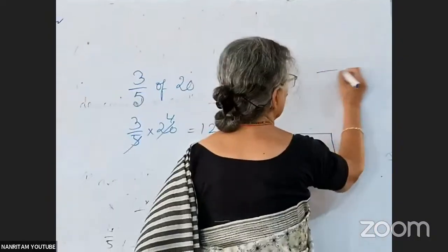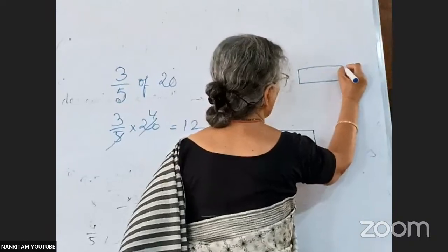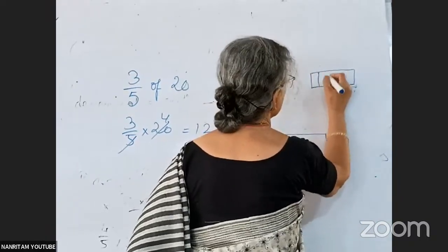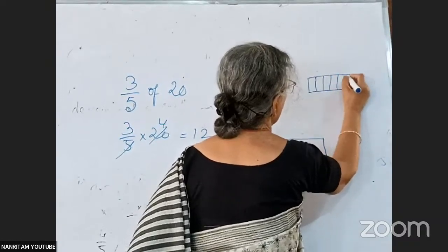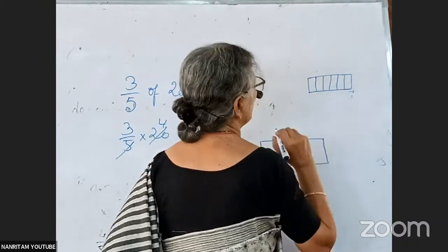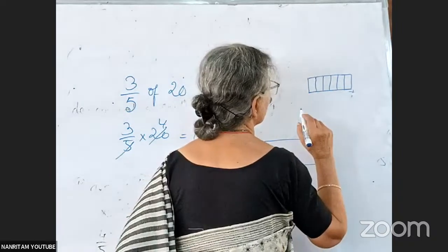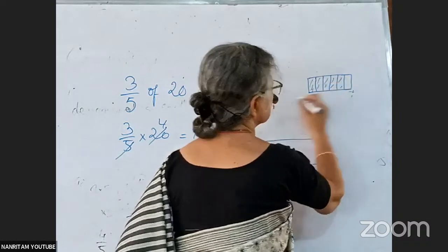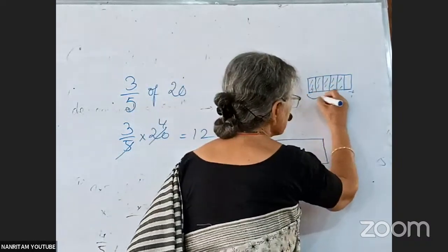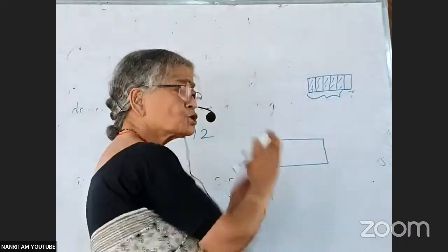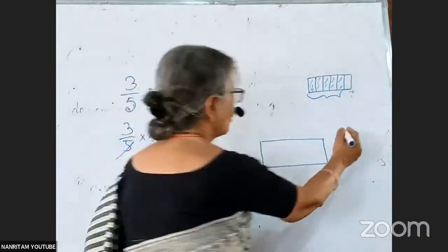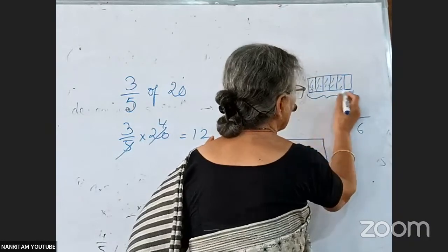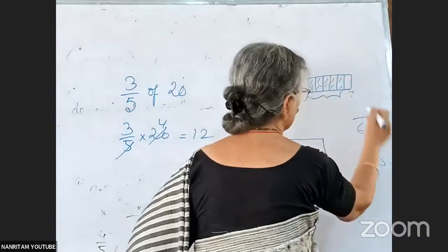Suppose there are 1, 2, 3, 4, 5, 6 portions and I want 5/6. I will shade these. Which portion is 5/6? The total number of divisions we count, 1, 2, 3, 4, 5, 6, and the fraction portion I have taken or shaded.